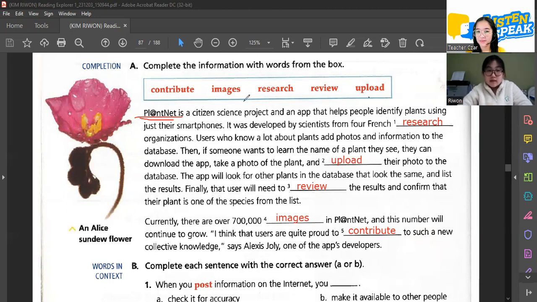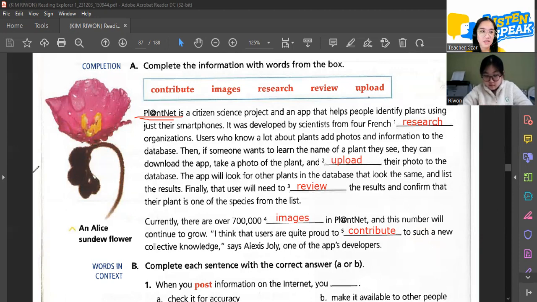Okay, very good. So PlantNet is an application that was developed by scientists. On this app, you can upload images of plants that you discover, and then the database will review or process what you upload, and that's it. You are going to know the name and the species of those plants. Do you have any more questions about this one?